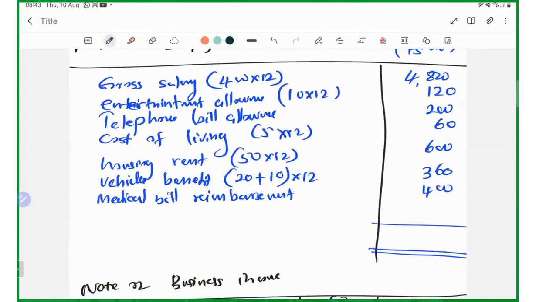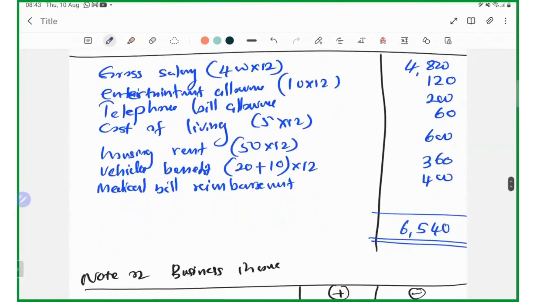Now you can get the assessable income from the employment: 4,800 plus 120 plus 200 plus 60 plus 600 plus 360 plus 400. That means 6,540 rupees in thousand, otherwise 6,540,000. So this is the assessable employment income.